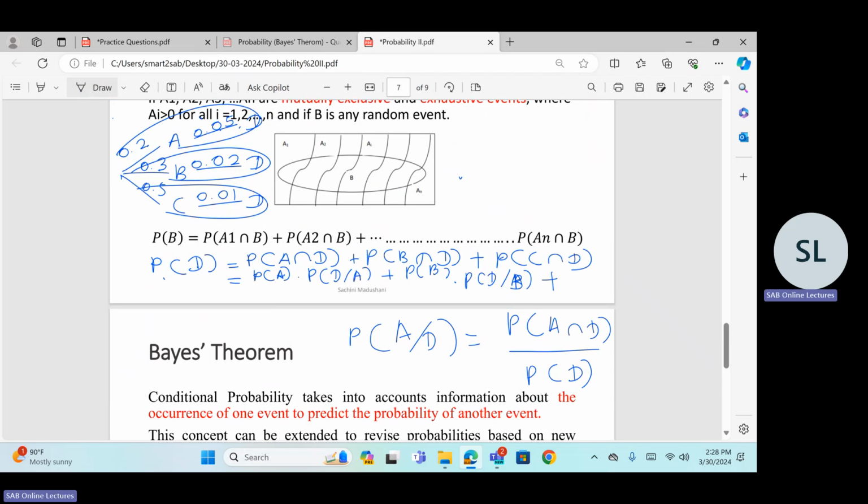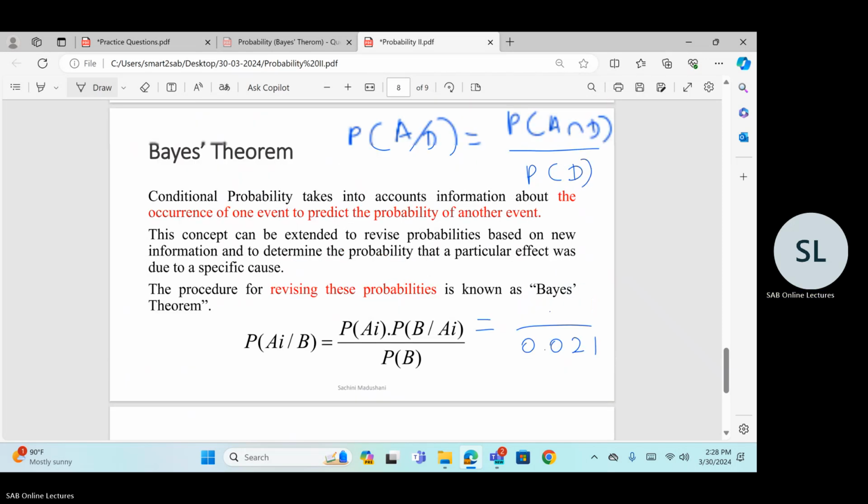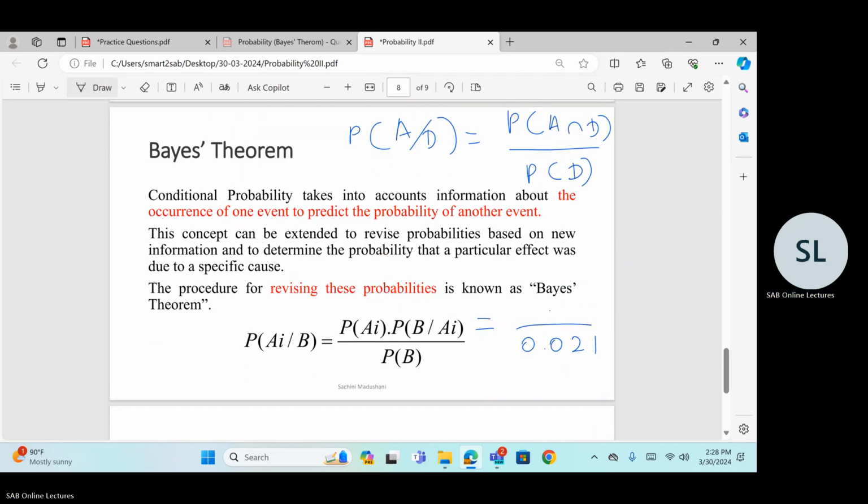A intersection D means the first branch, no? 0.2 times 0.05, which is 0.001. The answer is 1/20. Understood? The total probability law concept is used to find the probability of the common event.